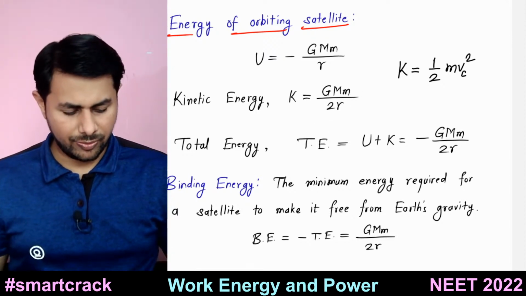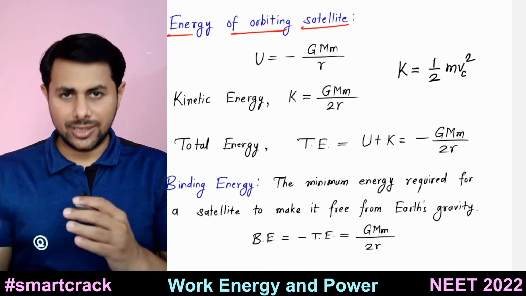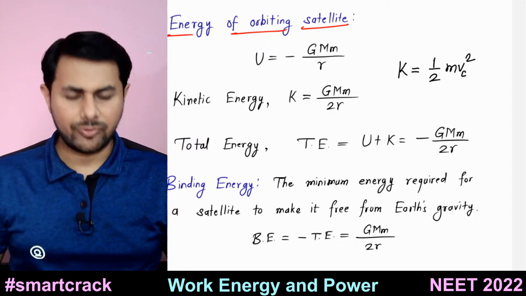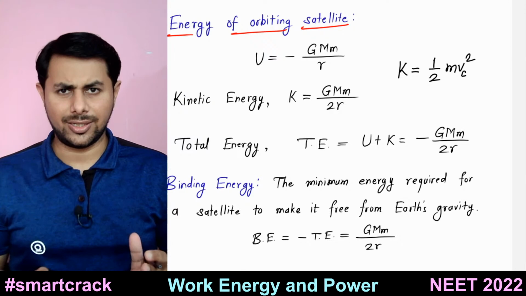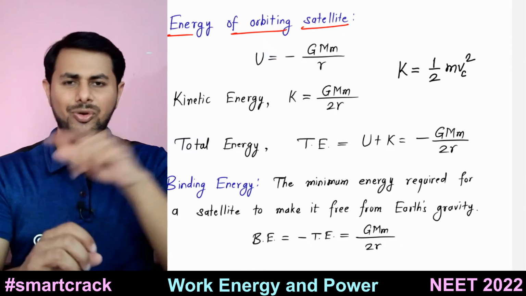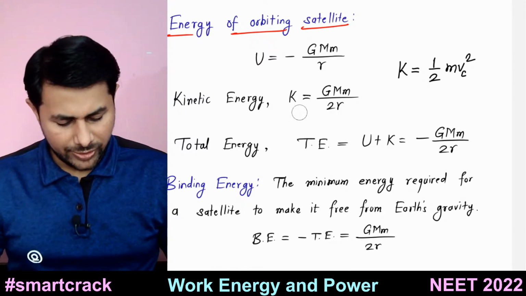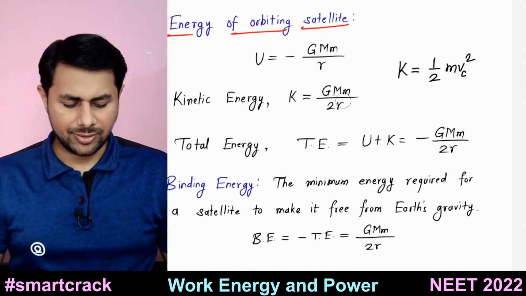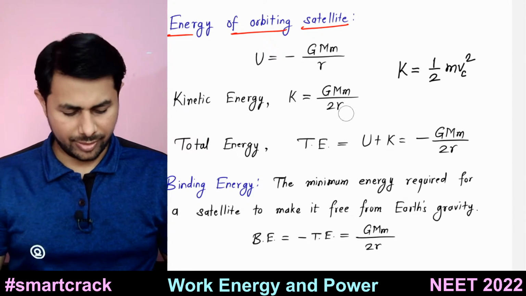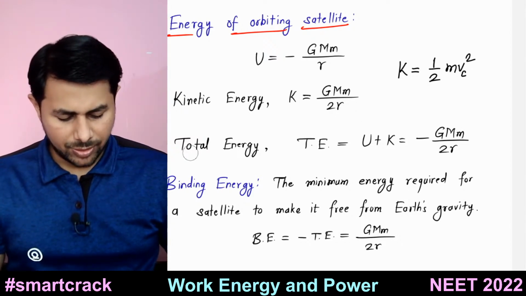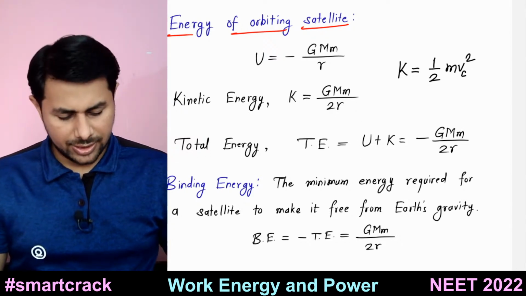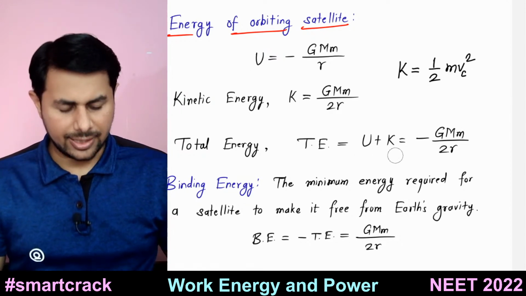Okay, so we substitute critical velocity in place of the velocity in the formula for kinetic energy, because the velocity of a revolving satellite is equal to what? Critical velocity. Then we will get kinetic energy equals GMm divided by 2r. Okay, and then what will be the total energy? The total energy is the sum of potential energy and kinetic energy.